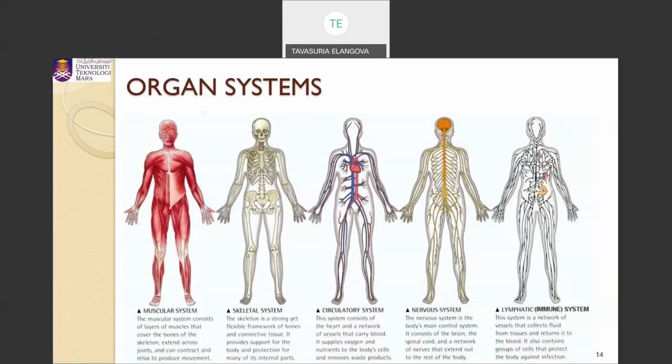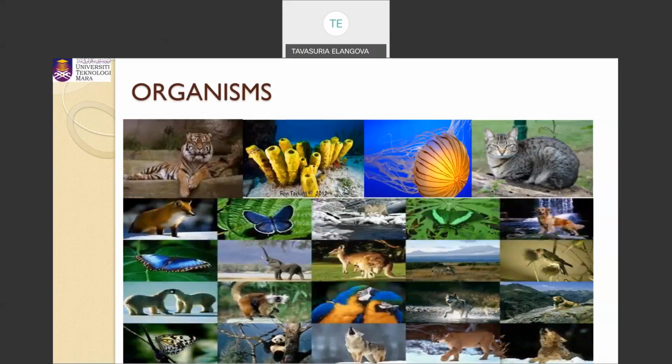In plants, there are only two organ systems, the shoot system and the root system. So these are the examples of the organism. The organism level is actually only one individual organism or one species.